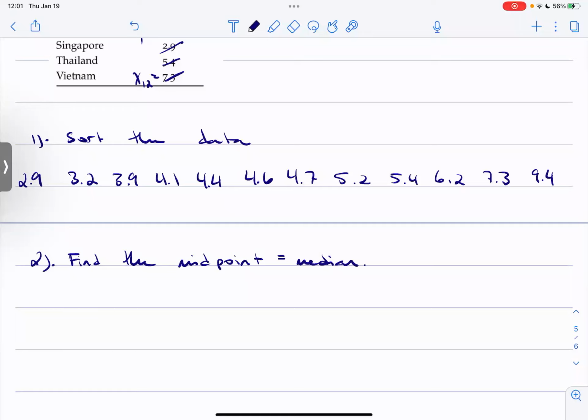I think it's the easiest way to do it. It's obviously not fancy or anything. There are formulas, but the formulas only tell you where the median is. It doesn't tell you what the median is. So that's why I find just counting in is the easiest way to do it.